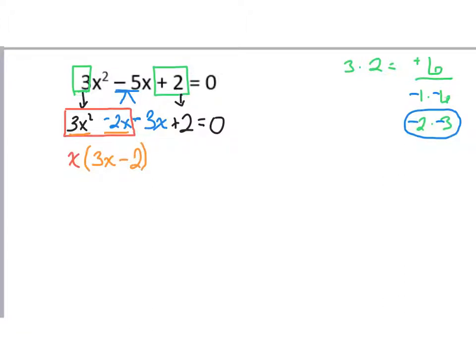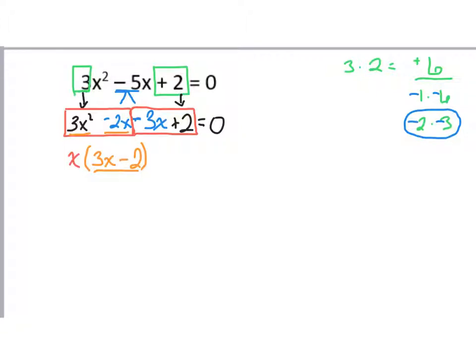Okay? Then I'm going to look at the next two terms, and remember, we want to look at the signs. I want to know, what do I need to take out of the second two terms so that I end up still with a 3x minus 2. I almost have a 3x minus 2 right now, but what's wrong is instead of a positive 3x minus 2, I have a negative 3x plus 2, but I want it to look like this, positive and then negative instead of negative and then positive.